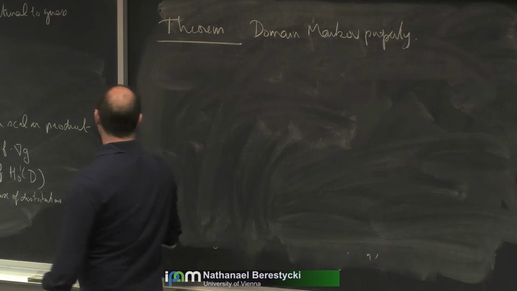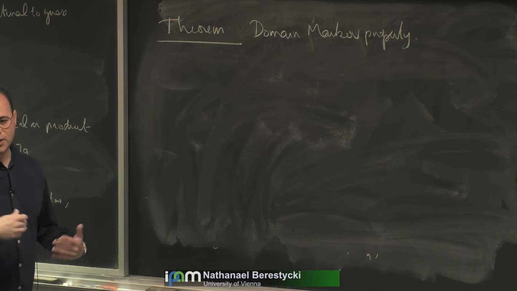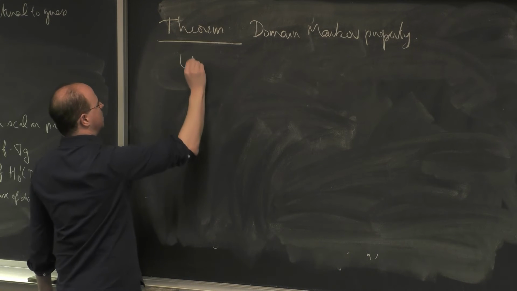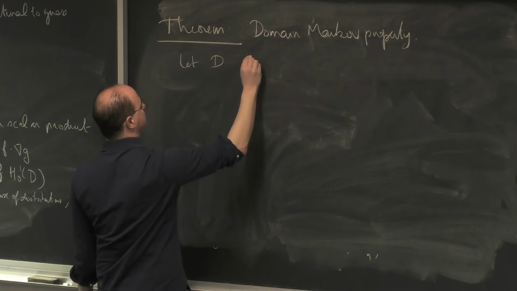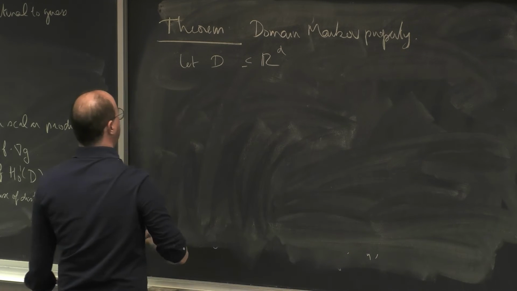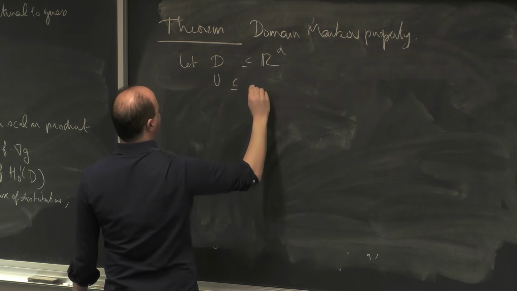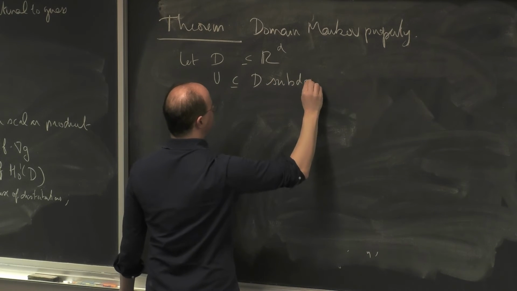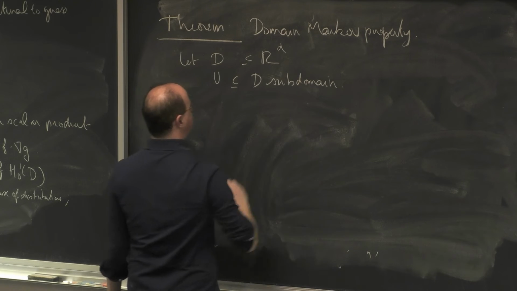So the GFF has a very natural domain Markov property. So let D be in R to the d, let's say. U is going to be a subdomain.